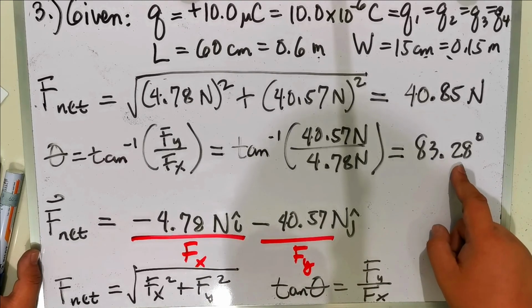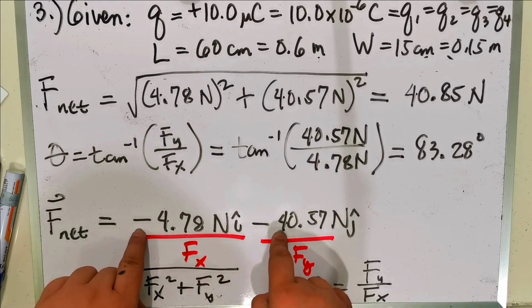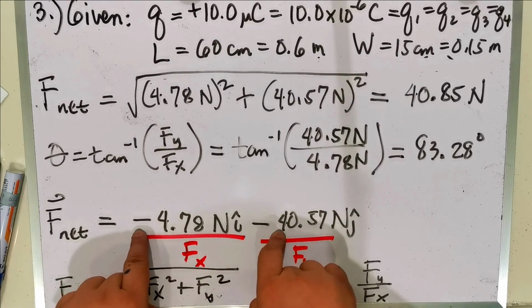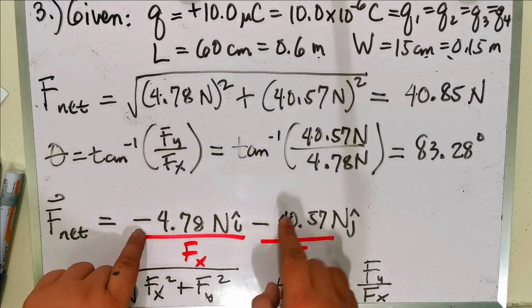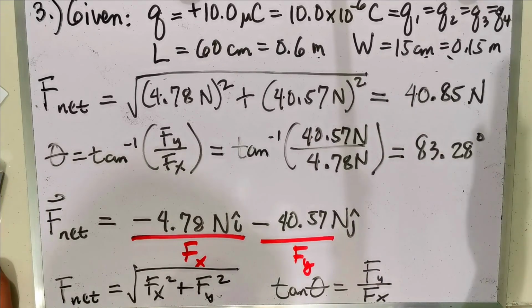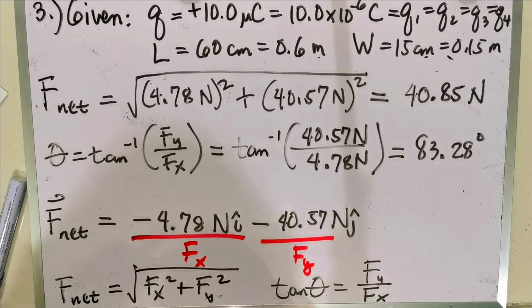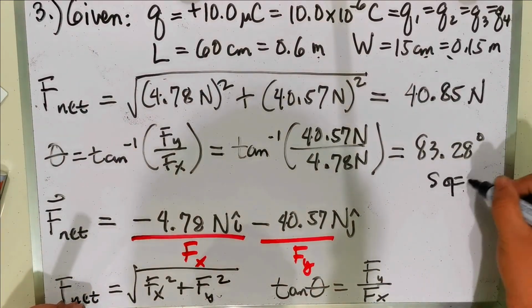So, notice that the values for Fx and Fy are all negative. Meaning to say, this is on quadrant number 3. Or simply, in terms of north, east, west, and south, this must be south of west.